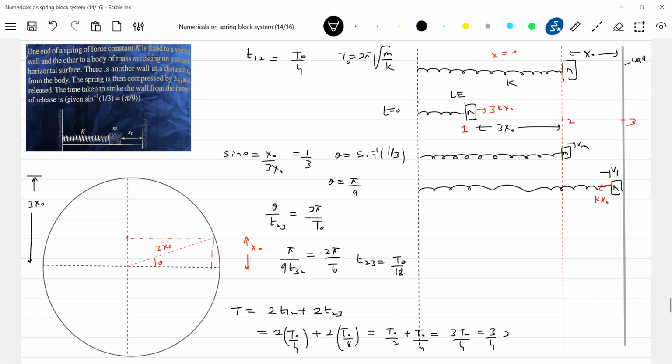What is the time period? This will be 2 pi root m by k. Sir, T23 is T0 by 18, you substituted T0 by 8. Oh, yes, 18. So this will become 9.